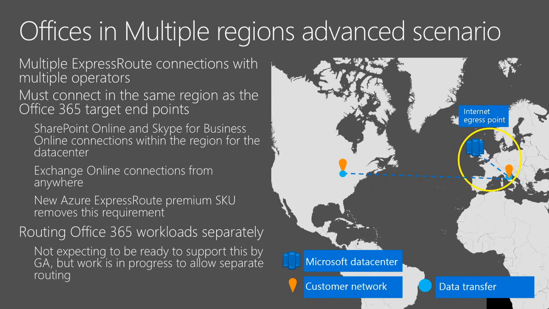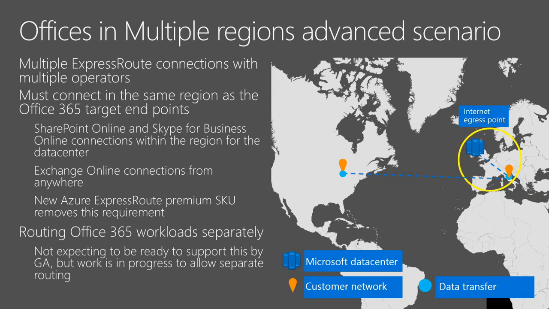Before I move on here, there's another question that I often get: can I route just my SharePoint Online traffic across ExpressRoute, or more particularly, can I route just my Skype for Business traffic across ExpressRoute? And we currently aren't able to support that, but we have work in progress to enable something like that.